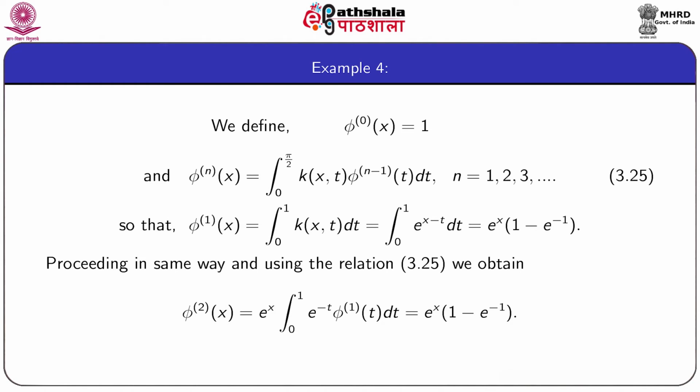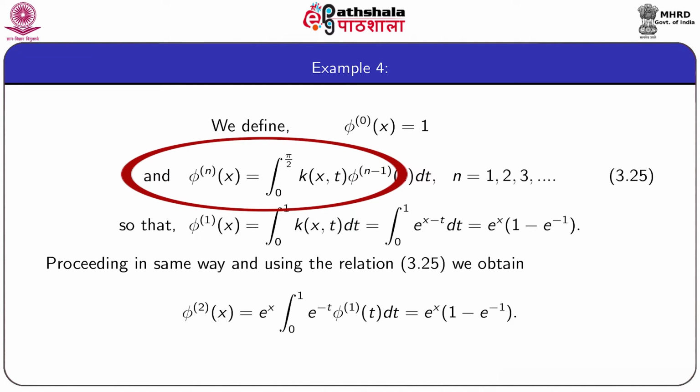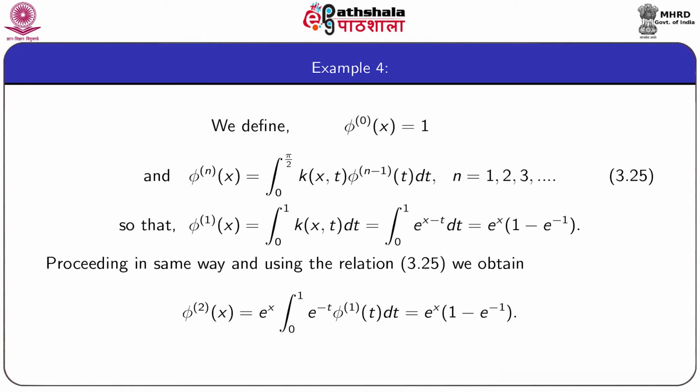To obtain the Neumann series solution of this integral equation, we define φ⁰(x) equal to f(x), that is equal to 1, and φⁿ(x) equal to integral of K(x,t) φⁿ⁻¹(t) dt, where n varies from 1, 2, 3, etc., as given by equation 3.25.